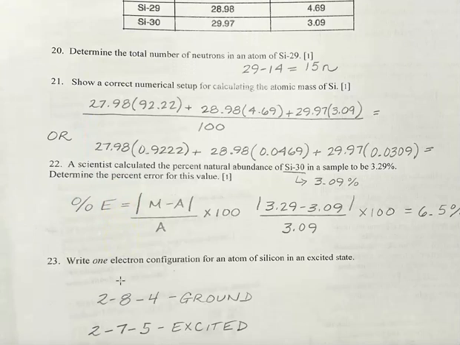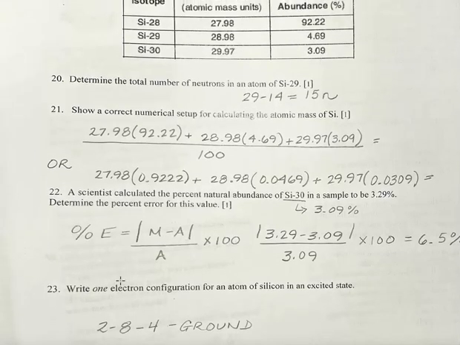In 22, a scientist calculated the percent natural abundance of Si-30 in a sample to be 3.29%. Determine the percent error. Percent error is on the back of your reference table. It's the absolute value of measured minus accepted over accepted. So he measured it to be 3.29, that's the measured value.